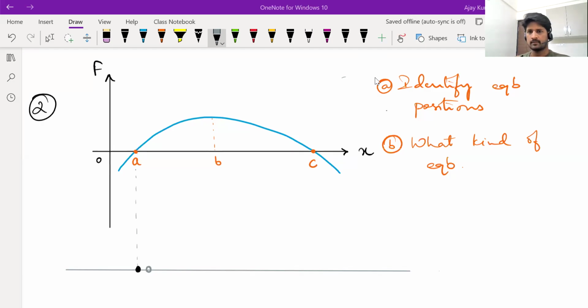Sir, because when the object slightly moves away from A, it's on the positive side, and then. What is on the positive side? Are you talking about the position of the object or are you talking about the force acting on the object? The force acting on the object, sir.